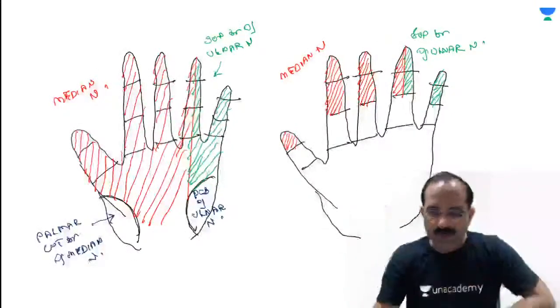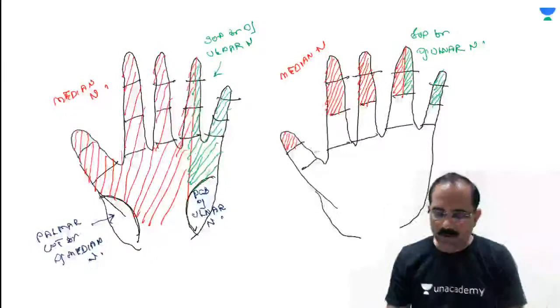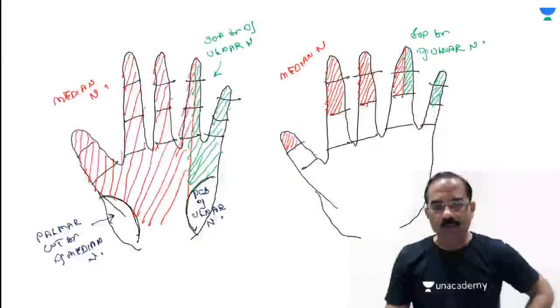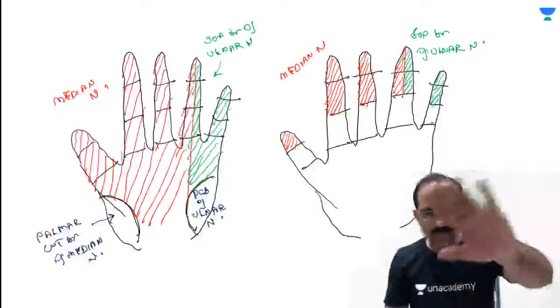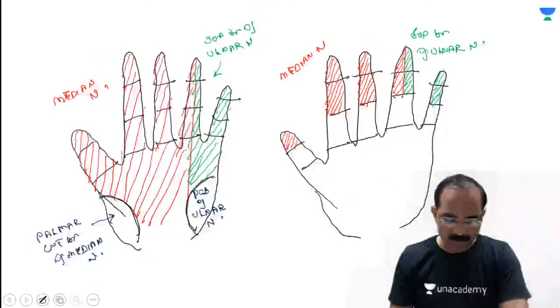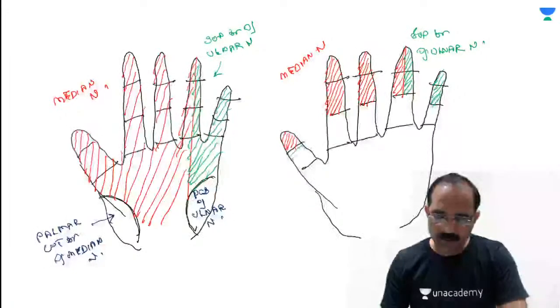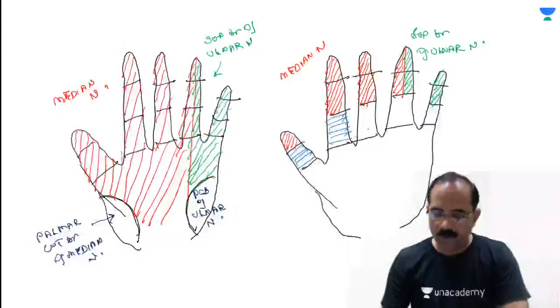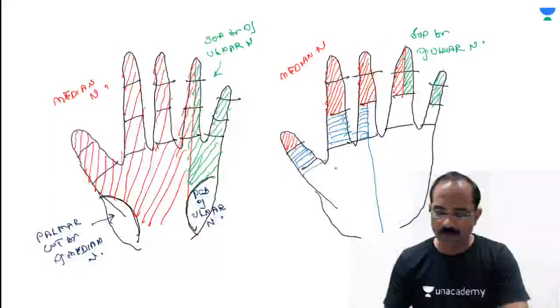What are we left with? We are left with only the proximal phalanges of these 5 fingers and the dorsum. 5 fingers के proximal phalanges बाकी हैं and the dorsum. So look at this, the proximal phalanges of these 2.5 fingers. Students, it's 2.5. First we used to say 3.5, but now it is 2.5.